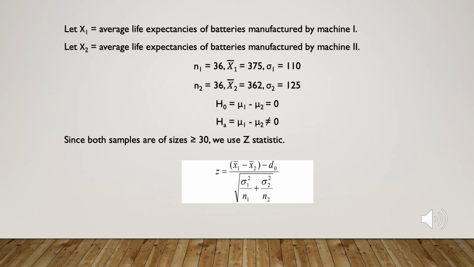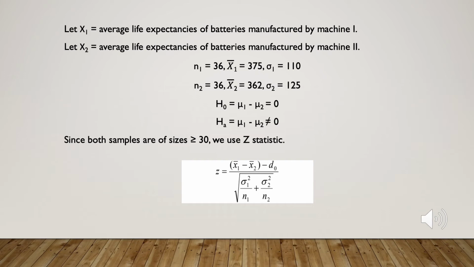And n2 equal to 36, x bar 2 equal to 362, and sigma 2 equal to 125. The null hypothesis is mu1 minus mu2 equal to 0, and the alternative hypothesis is mu1 minus mu2 not equal to 0.